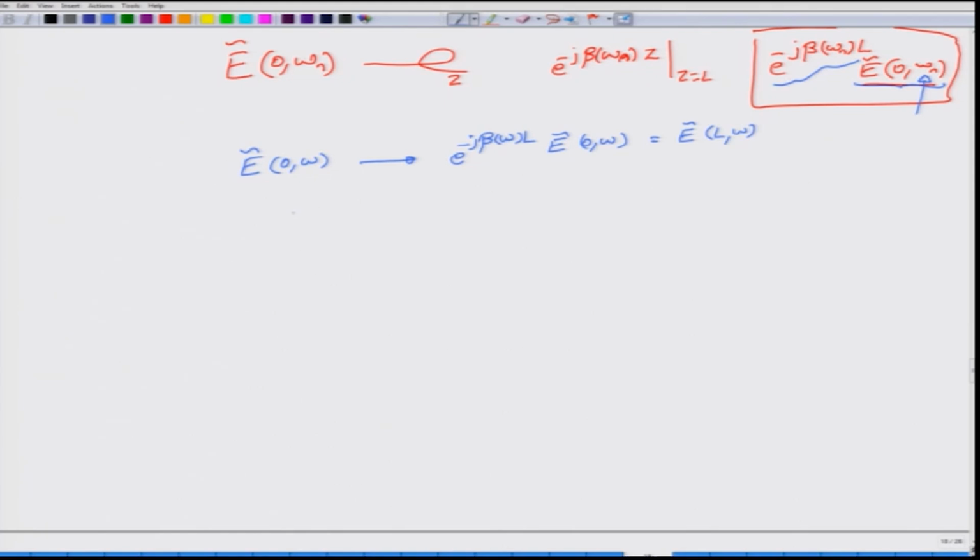So, now one can also define the transfer function of this channel of length L by looking at the ratio of the frequency transform of the output to the frequency transform of the input.